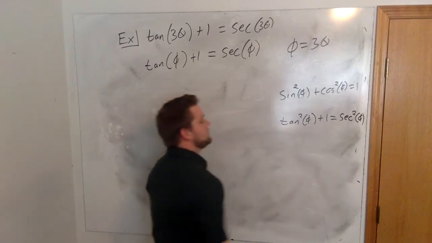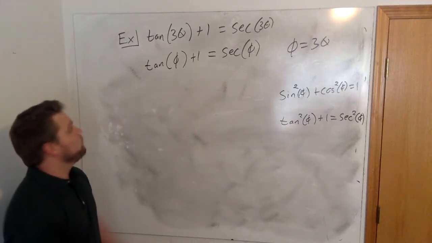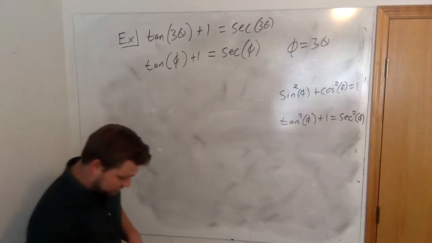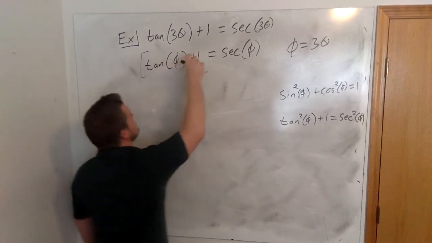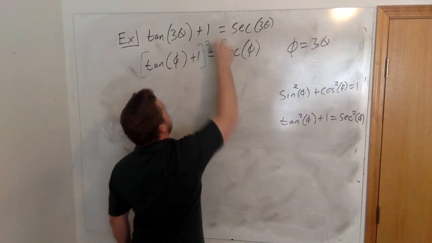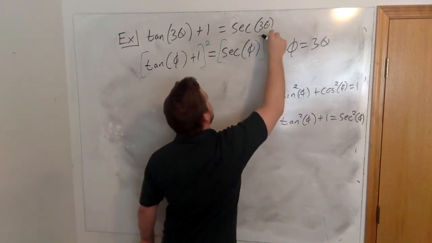So maybe we want to try to use this. So we're going to try to square both sides. Let's go ahead and try squaring both sides, and let's see what happens.